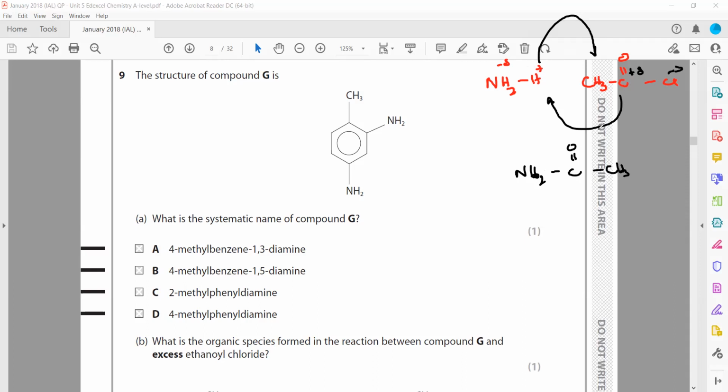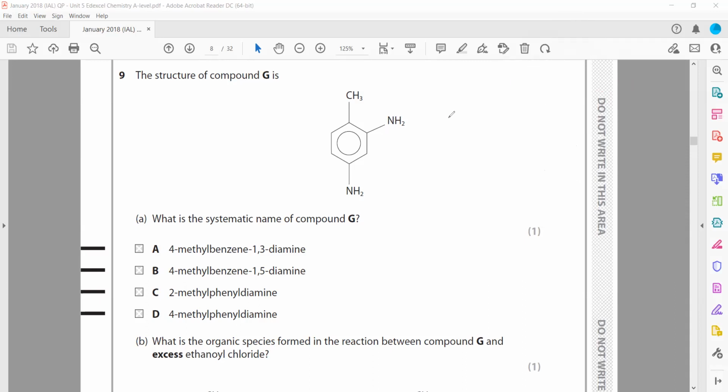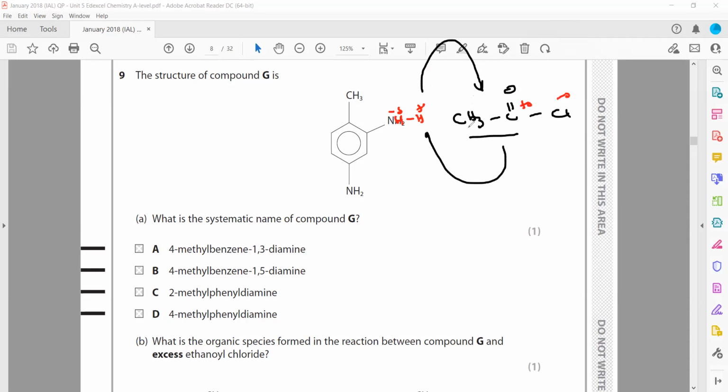So the same thing happens here. We have NH2 reacting with CH3, C double bonded with O and Cl. In NH2, N is partial negative and H is partial positive. And this part is partial positive, chlorine partial negative. So when they displace, this C double bonded with O and CH3 will be attached.